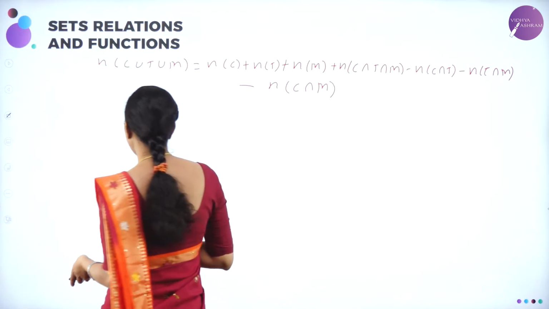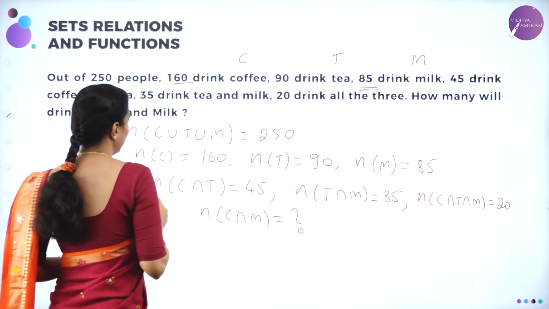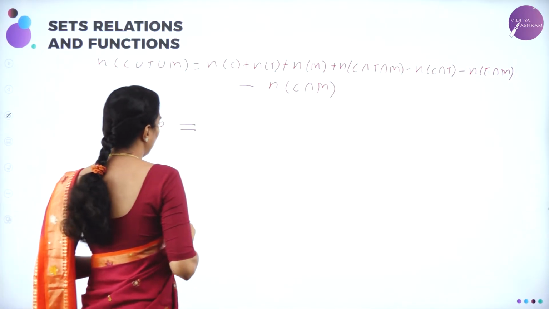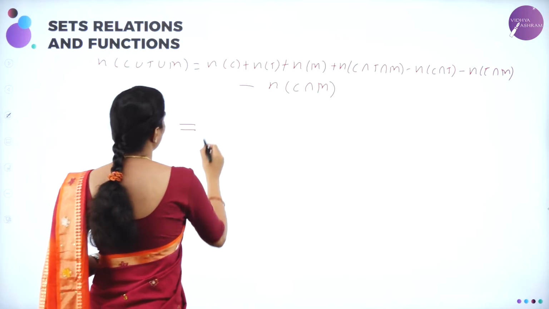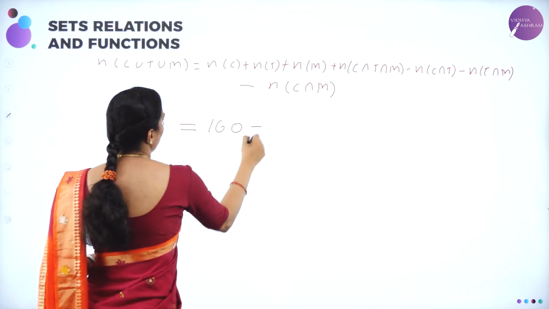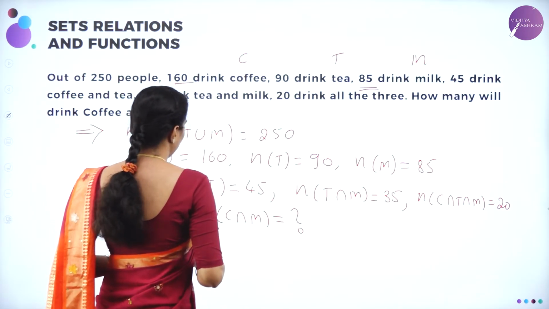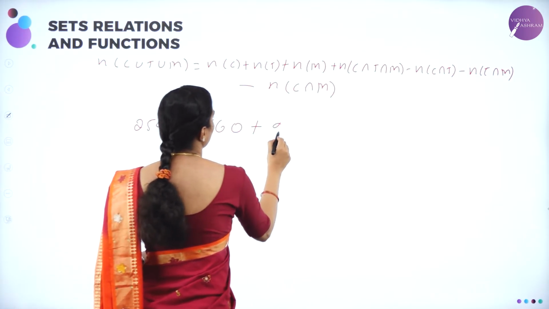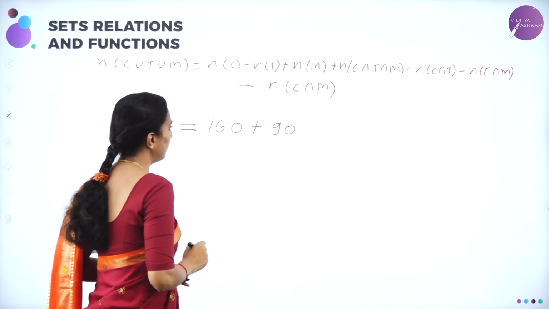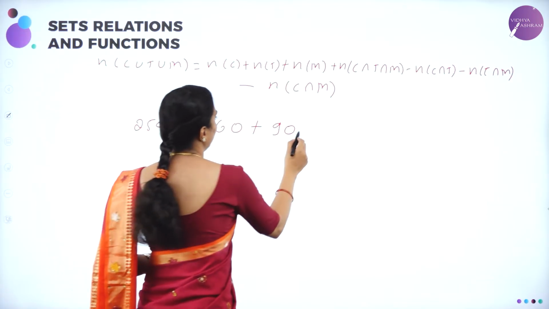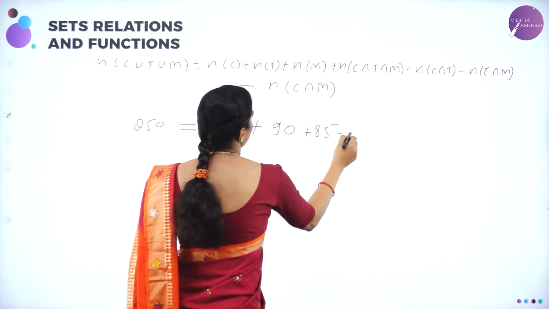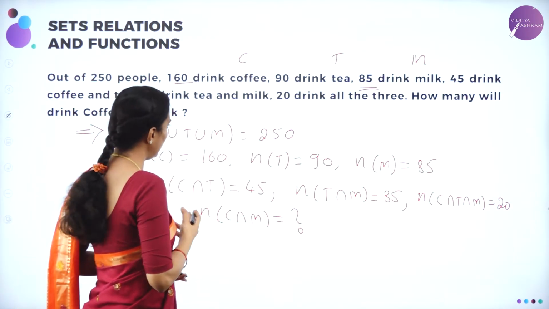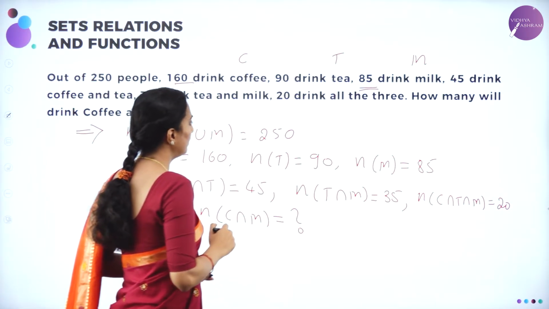Let me substitute all. What is N of union? 250 is equal to N of C, which is 160, plus N of T, which is 90, plus N of M, which is 85, minus the intersection of all three, who drink all three, which is 20.